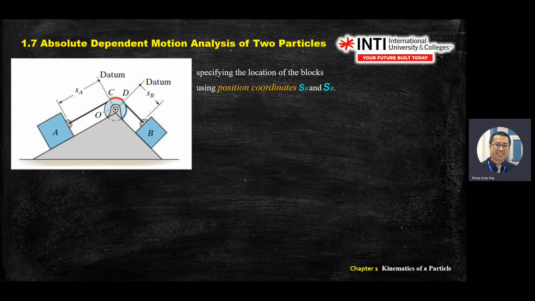Now before we move forward, just now we mentioned about datum. When you increase SA or you move A down, what happens to B? B will move up, but the direction is negative. SB positive goes down, so your SB will become a negative value.